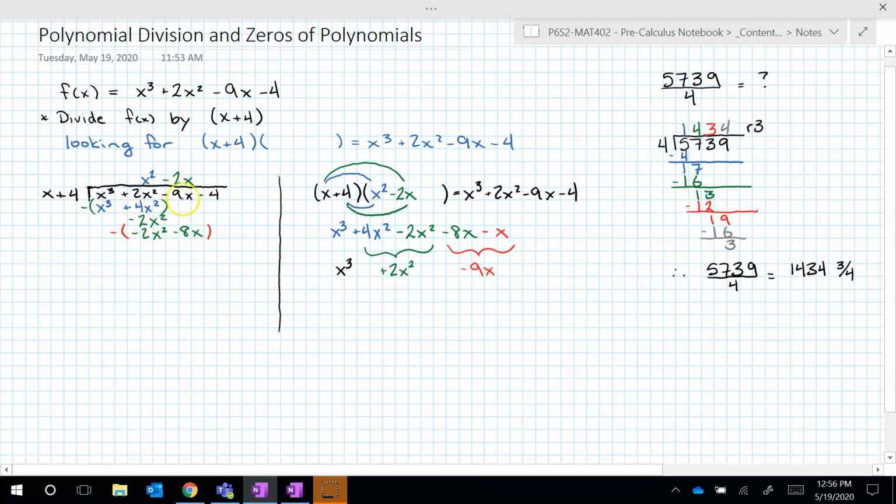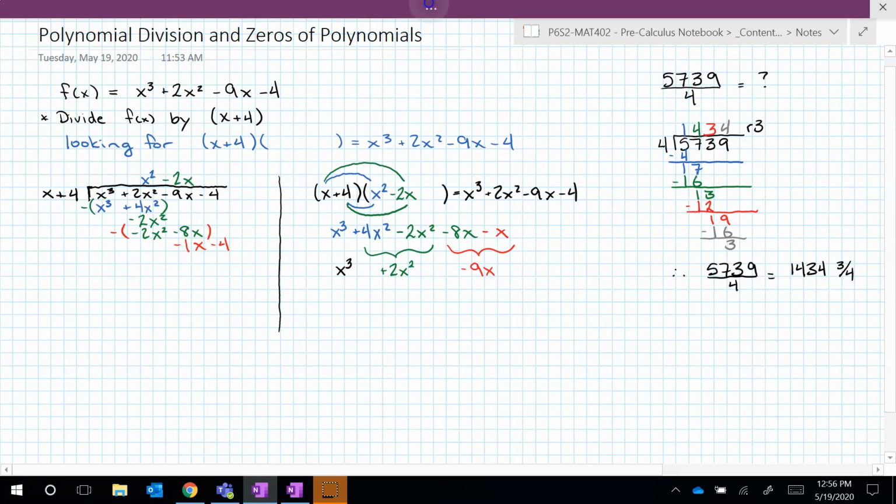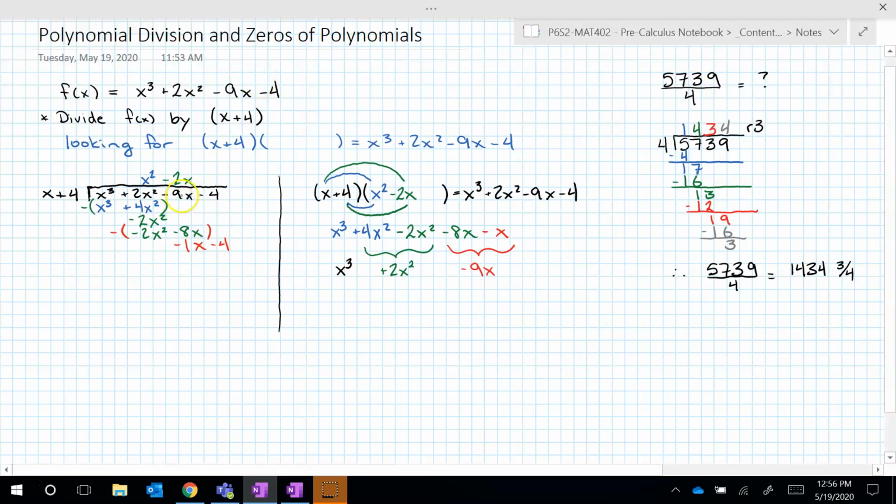But negative 9x minus negative 8x, negative 9 plus 8 gives me a negative 1. And so I'm trying to create that as my next thing, and maybe I could drop down that minus 4. I'll do the same thing with this minus 9x, drop that down there.